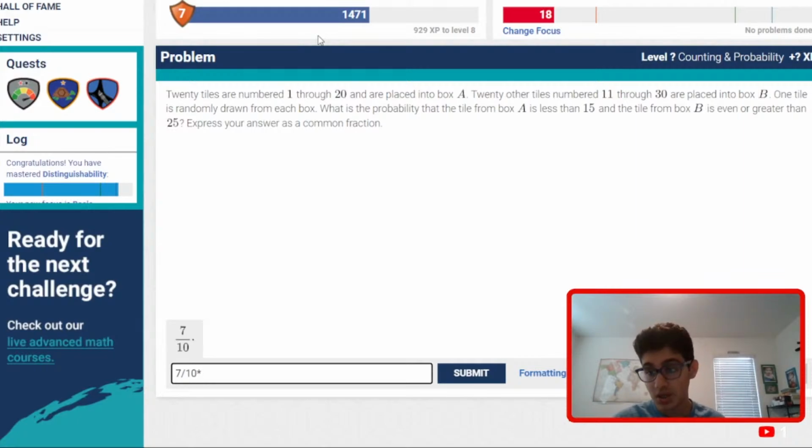Tile from box B is either greater than 25 or even. So you go from 12 until 24, which is, sorry, from 12 until 24, which is, what the hell? Oh, so that's 6 until 12.